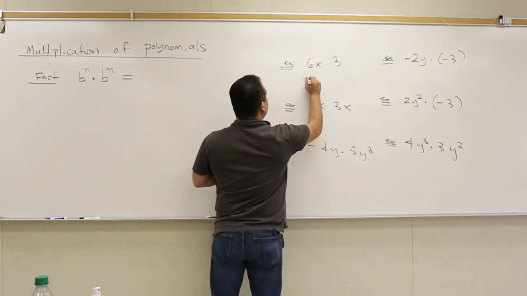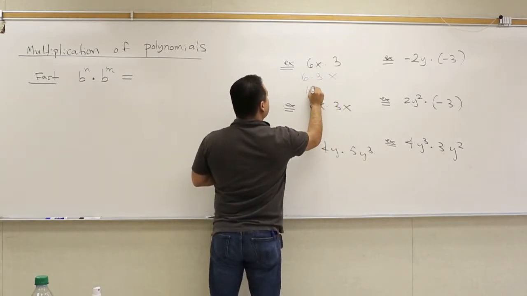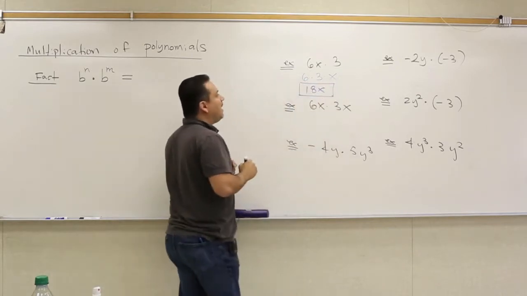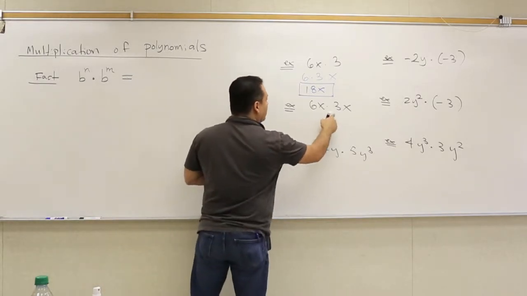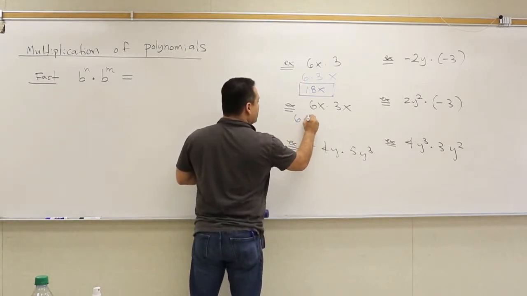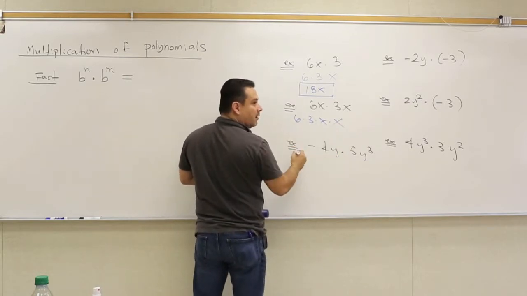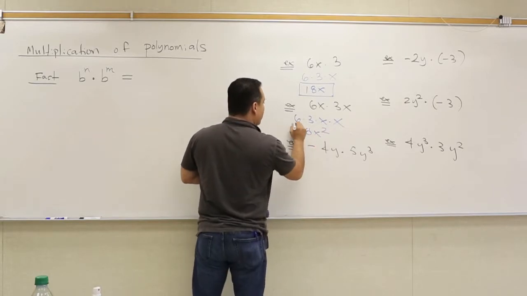Well, did you switch the order and say 6 times 3 times x? And then you got 18x? Everybody agree with that one? Is she right about that? Okay, and then we have what here? Let's switch the order. 6 times 3 times x times x. What do you guys get here? 18x to what power? Second power?